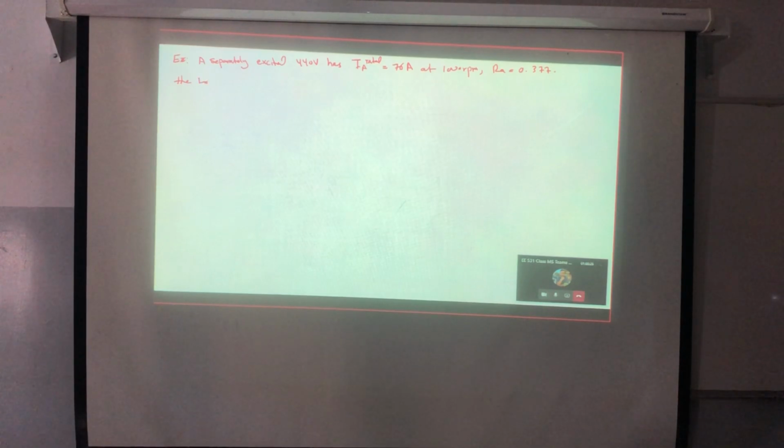The load torque is a gravitational load.